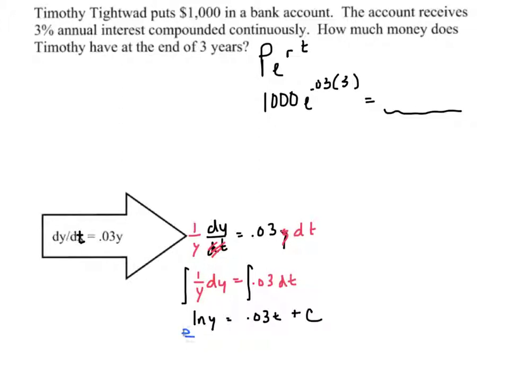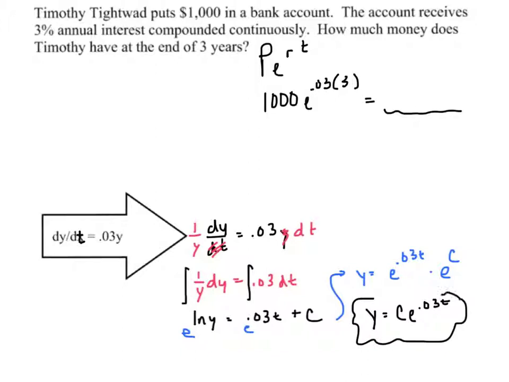Take e to both sides, and we end up with y equals e to the 0.03t multiplied by e to a constant. Because remember, to get that addition in the exponent, we multiply. E to a constant is a new constant, so I can write this as constant times e to the 0.03t. And this is where that PERT equation comes from.